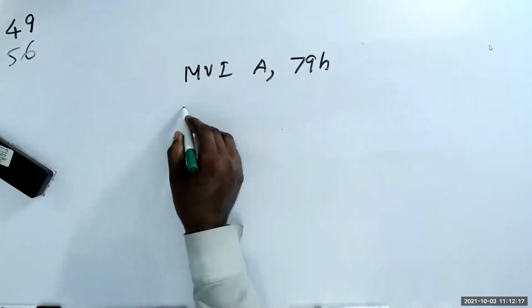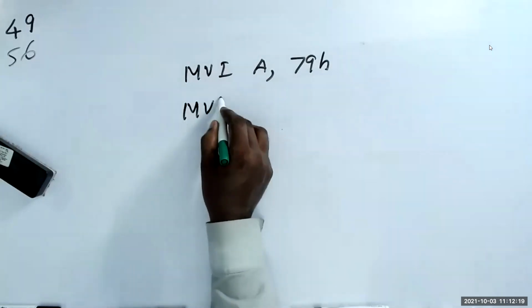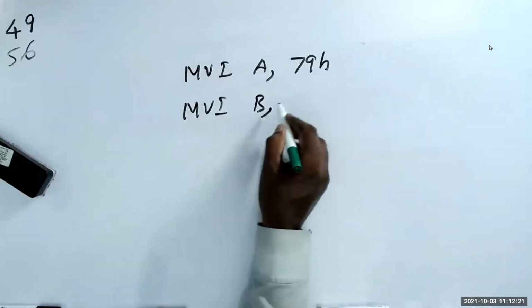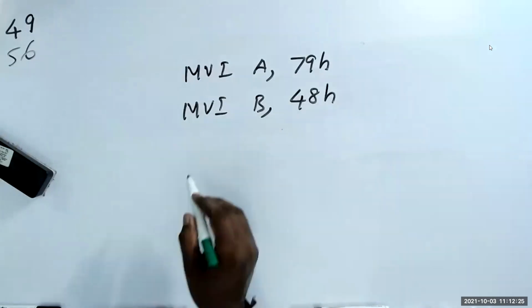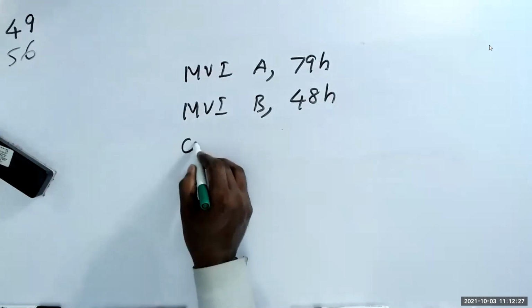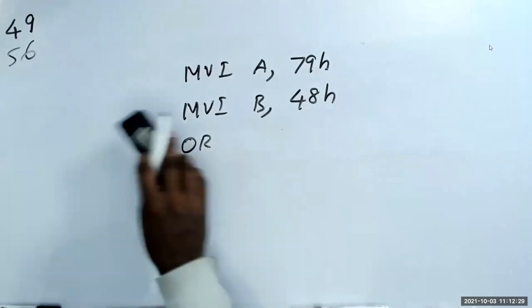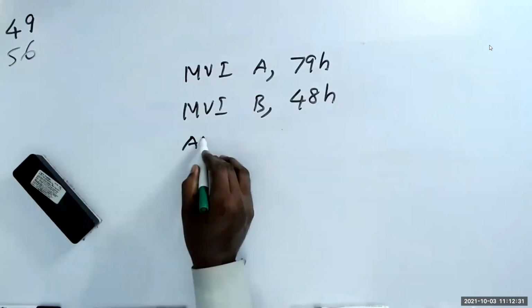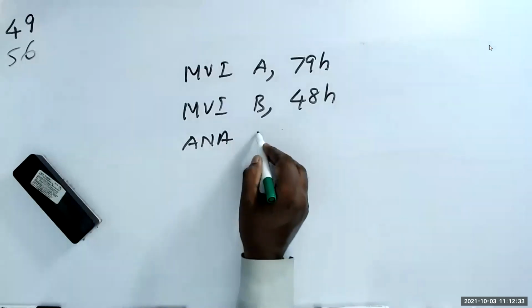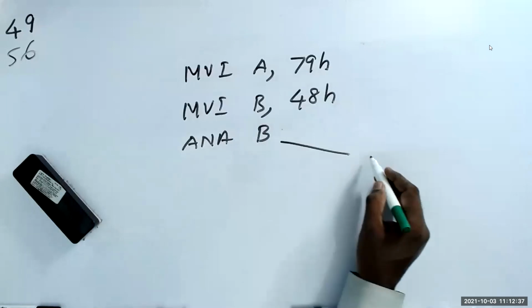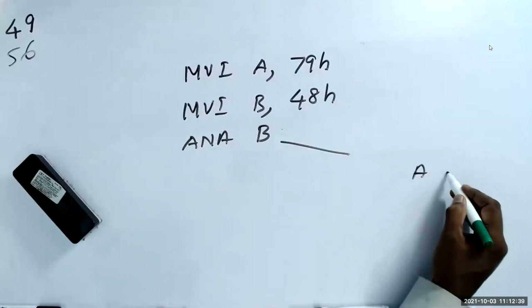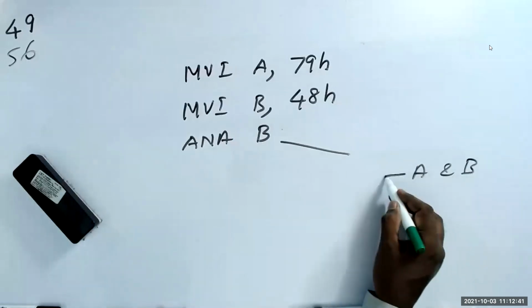Move immediate B, 48H. You say AND B. The AND B means A AND B, the result in A.